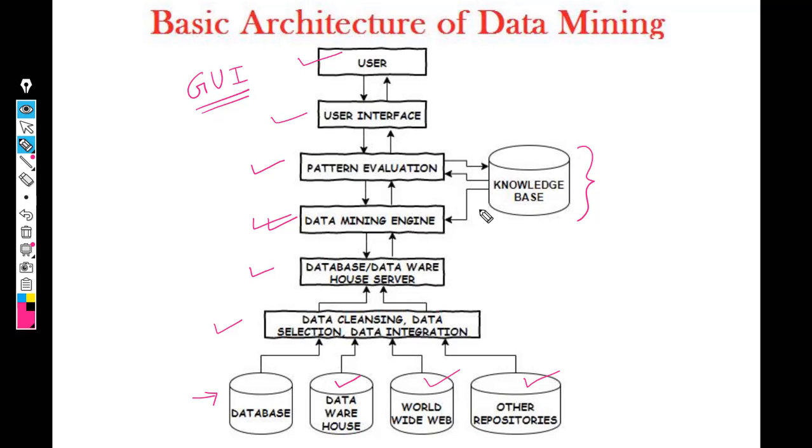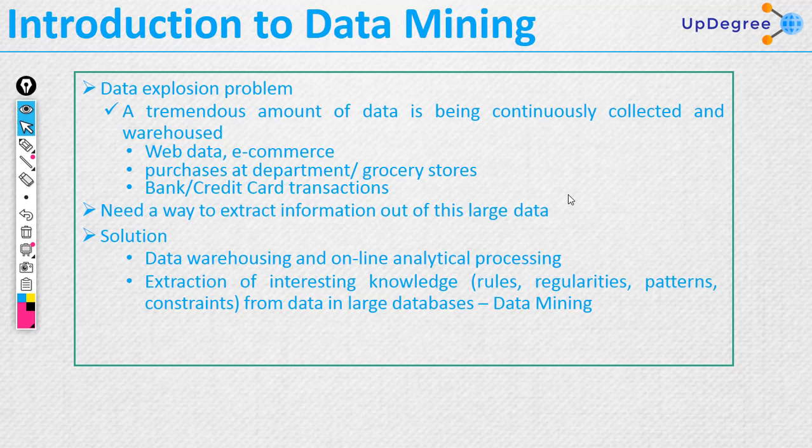We are discussing the data explosion problem. A tremendous amount of data is continuously being collected and warehoused. You know that a warehouse is nothing but heterogeneous databases residing or stored in the same place. So it will be web data, e-commerce data, sensor data, offline data.